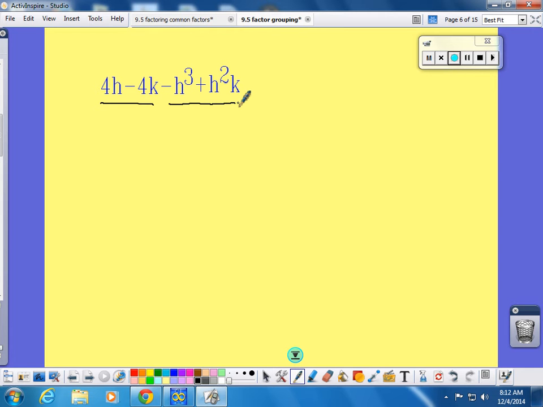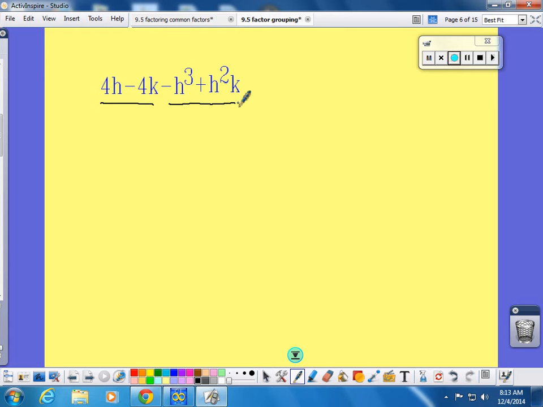H squared, the smallest exponent. Okay. Put those together. I could have put the K's together and these two together. Tried it that way. It is possible in grouping to pick one method and it not get you anywhere, and pick another grouping, and it works great. Just kind of have to put it in reverse and try another way.